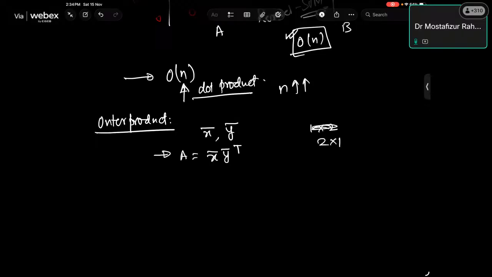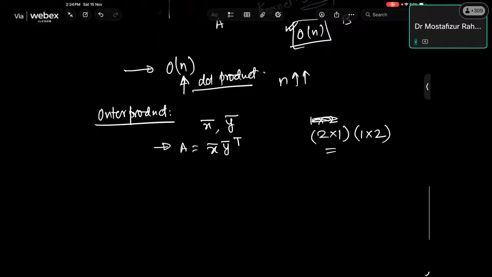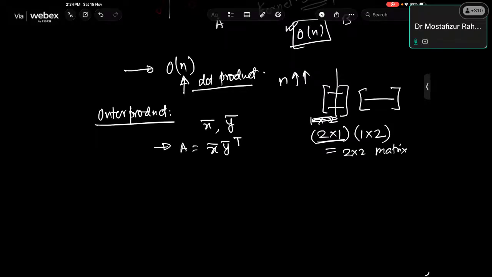If you do this kind of multiplication, it will be a 2 cross 2 matrix, because the first one is a column vector with 2 rows and 1 column, and the second one is a row vector with 1 row and 2 columns. So if you multiply these, you get a 2 cross 2 matrix.